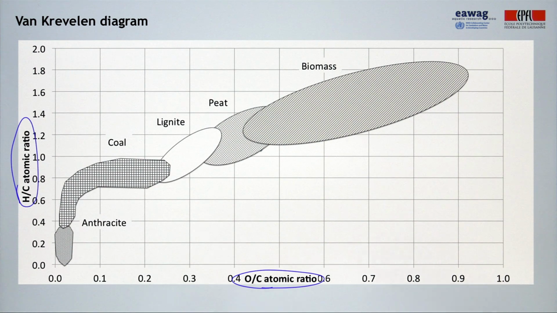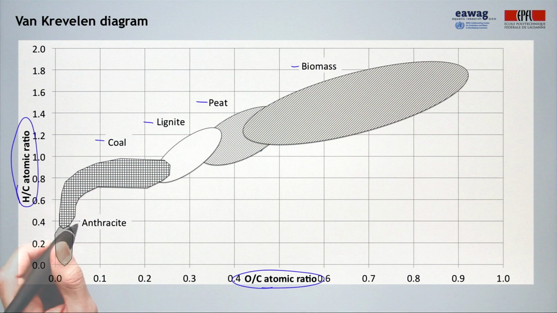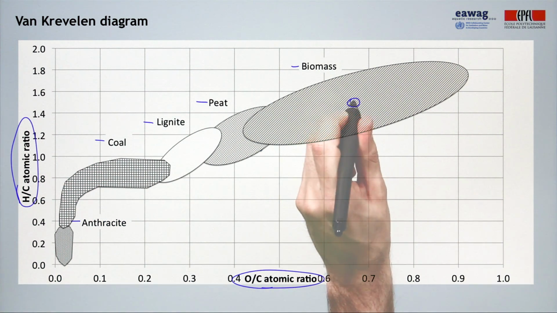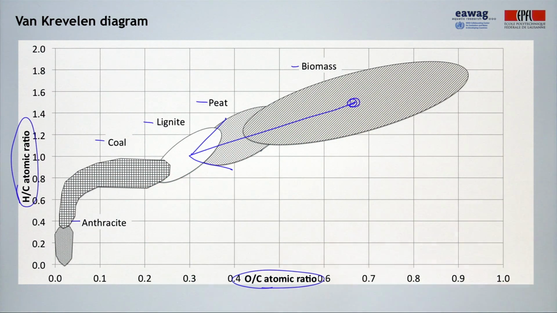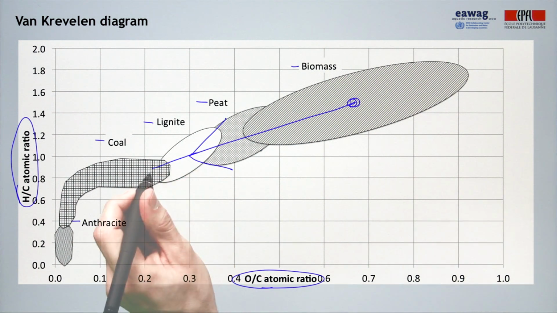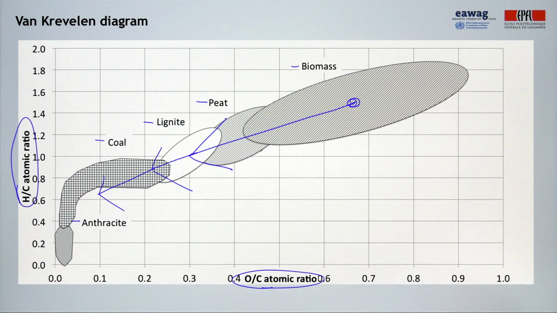These areas show where biomass and other solid fuels are located according to these ratios. Carbonization will shift the values of the original biomass in this direction. The length of the arrow between input and output ratios indicates the intensity of the process. The bigger the intensity, the more oxygen and hydrogen that are lost, lowering the ratios, and the better fuel properties that the output material has.